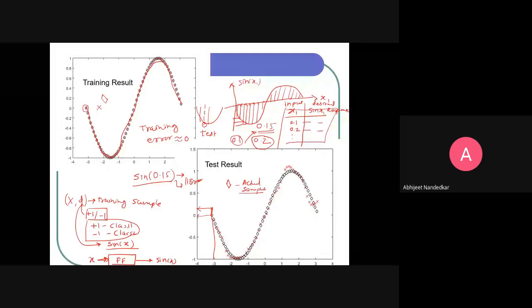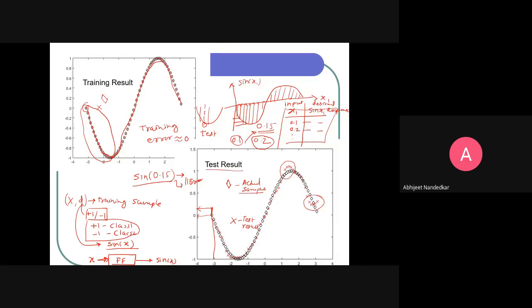So this much is error. If you see closely, this cross is the test result, and it is not matching the actual value. There is error here as well as here. Whereas training was perfect, perfectly matching the training samples, for the test samples it is not matching.